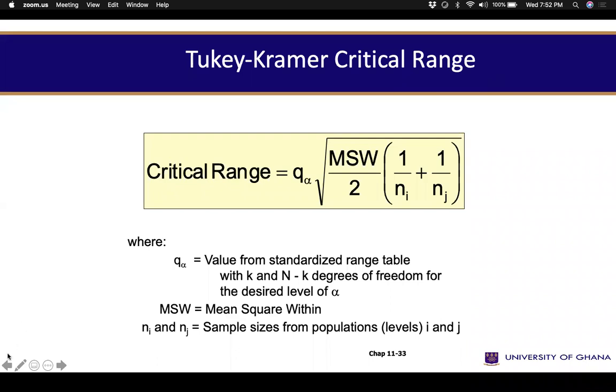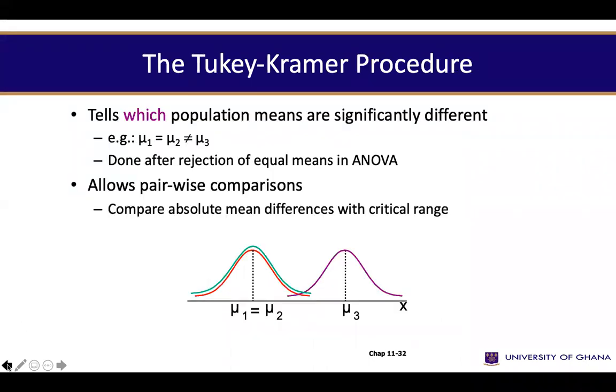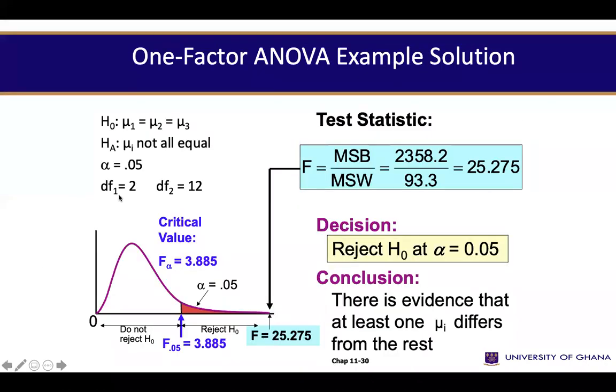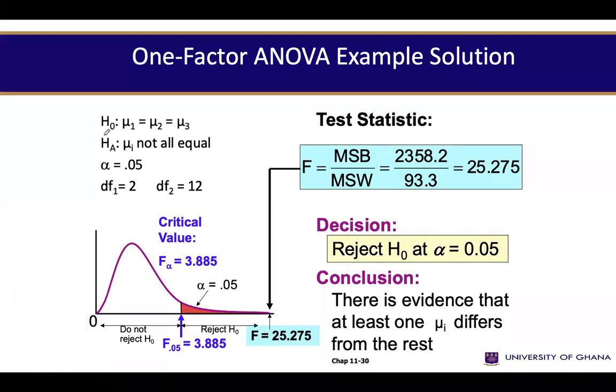So for instance, for this question, we indicated that the null hypothesis says that all the means are equal, but the alternative hypothesis says that at least one of them is different, right? Not all of them are equal.